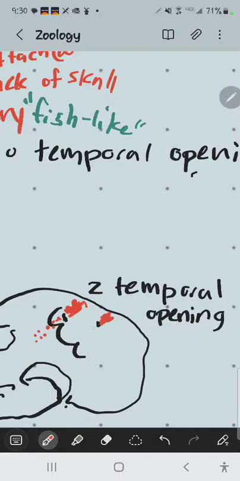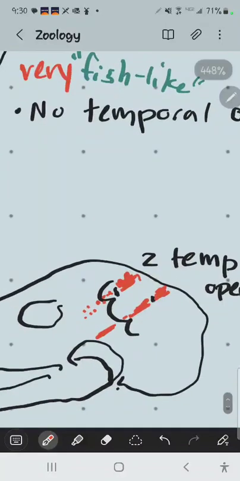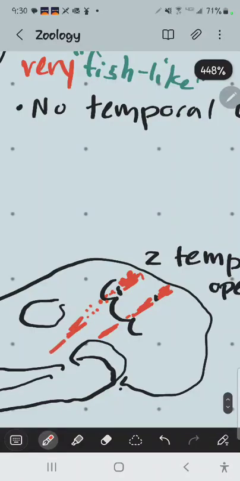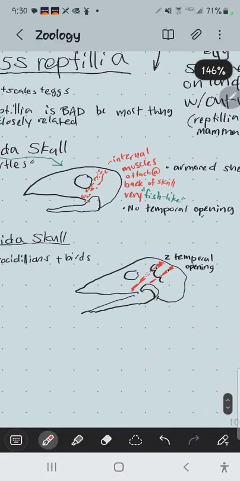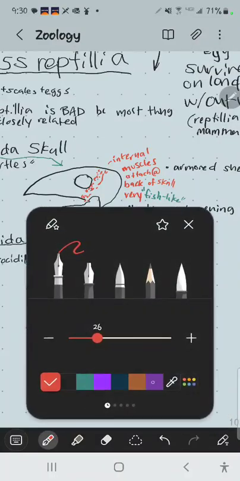So, birds actually have the same feature. So here is the class Aves, which are diapsids also, and this is a pigeon skull.